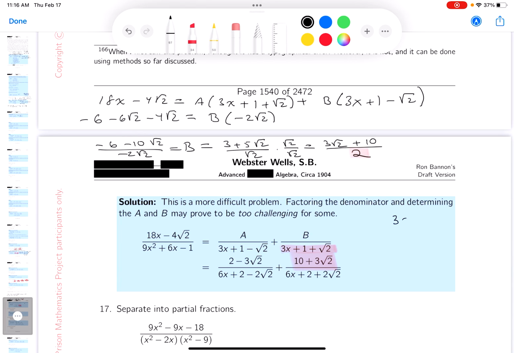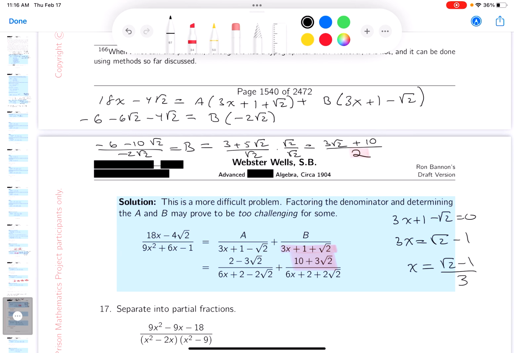So I need 3x plus 1 minus root 2 to be equal to 0. And I think that's relatively simple to do. What do you get? 3x equals root 2 minus 1, or x would equal, let's see, root 2 minus 1 over 3.